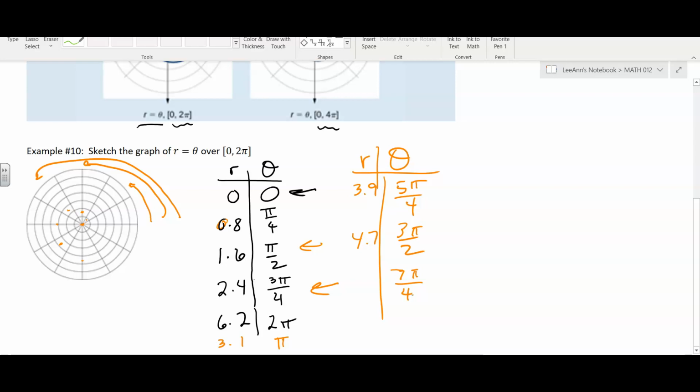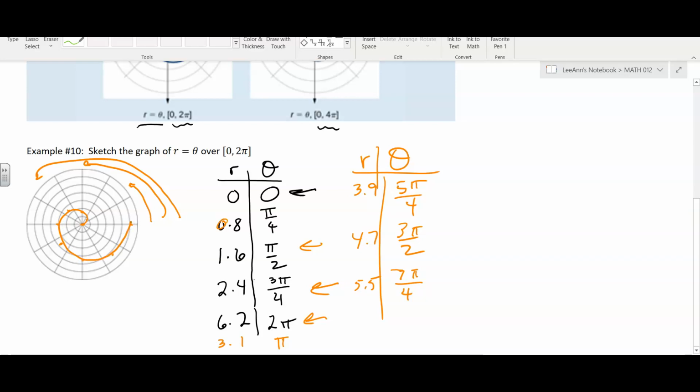And what is that? 7 pi divided by 4, and it's 5.5. Okay, so let's see. 1, 2, 3, 4, 5 and a half. Maybe there. And then my last one here, all the way to 2 pi, was 6.2, so it's like right there. So you can see this curve is going like this, kind of that type of spiral.